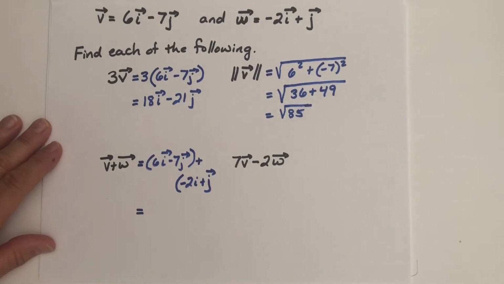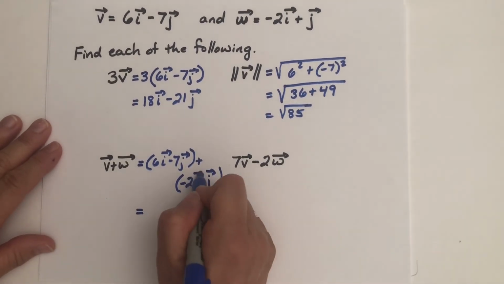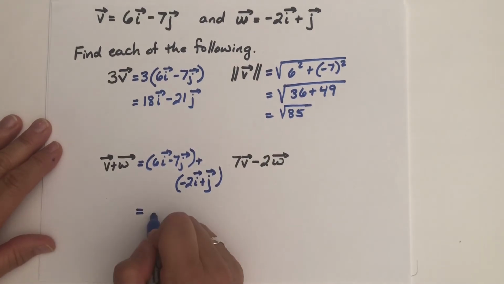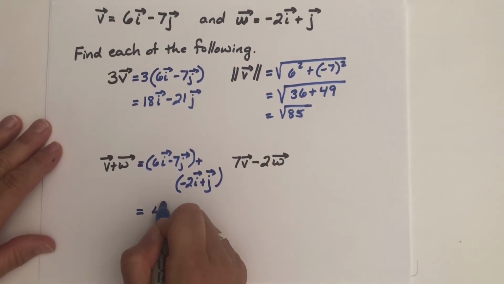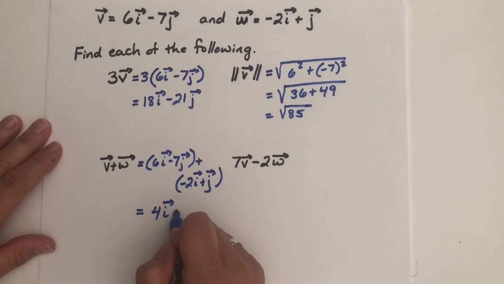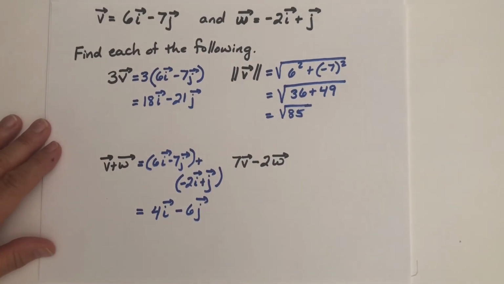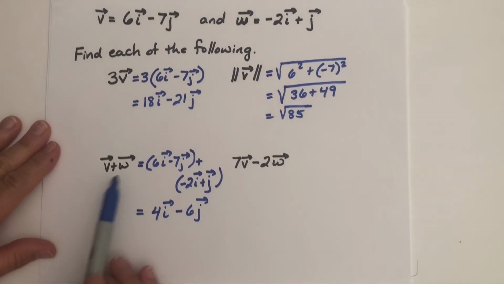And that equals, we'll add the x components together. We have 6 plus negative 2, that's 4. So we have 4i, and we have negative 7j plus 1j, that's negative 6j. So we have added v plus w.